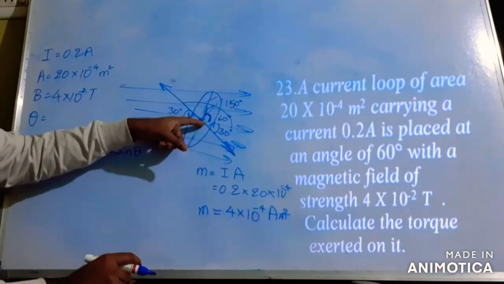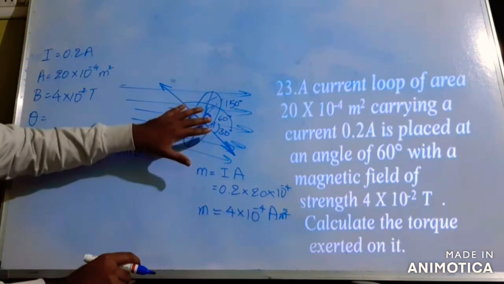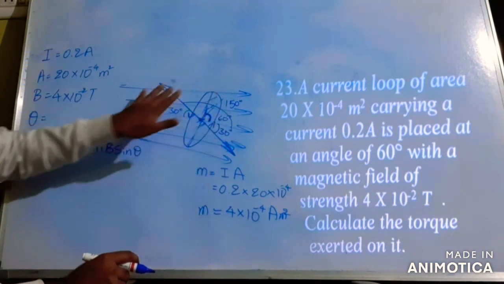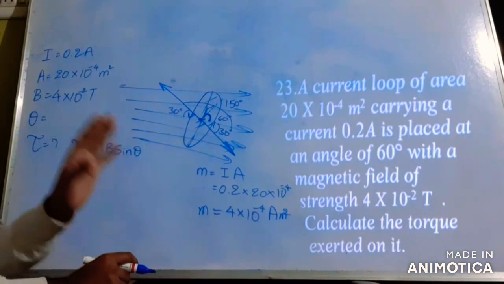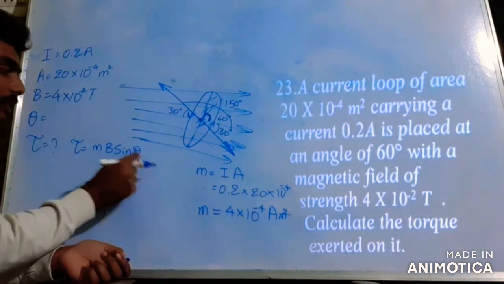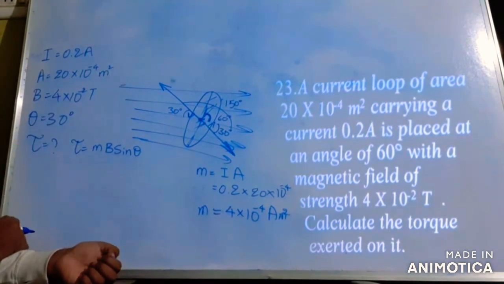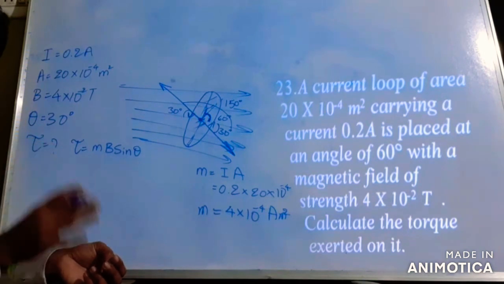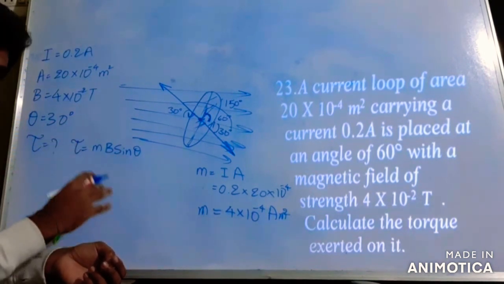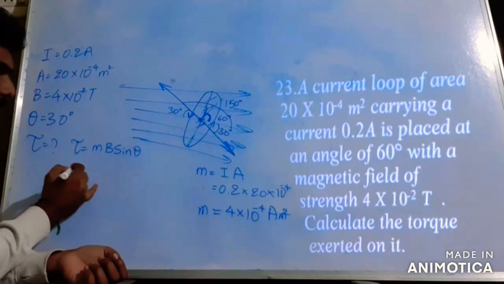So whether it is 30 degree or 150 degree, finally it is going to be sine of 30 degree itself. So no need to bother about theta much. You can directly take it as 30 degree. Even if you take 150, that's also fine. It will reduce to sine 30 itself. So sine 30 is preferable.